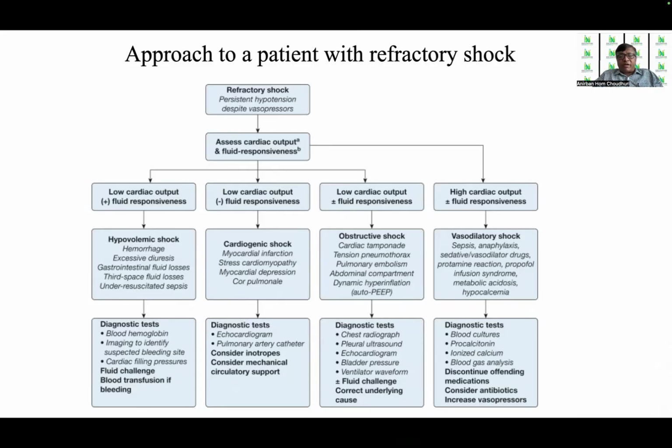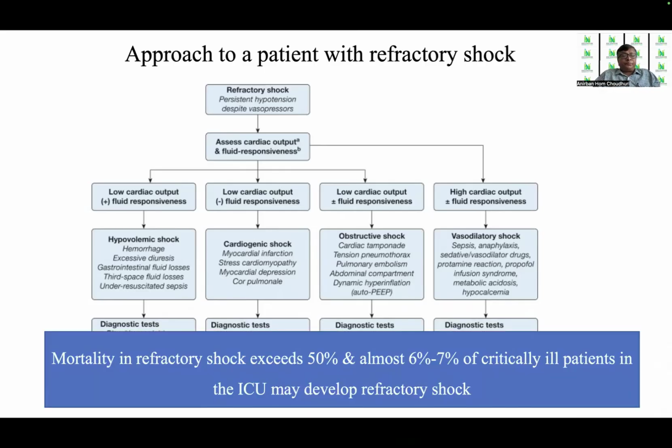Sepsis is the prototype of vasodilatory shock, but there are other causes too, like anaphylaxis, sedative or vasodilator drugs, protamine reaction, propofol infusion syndrome, etc. Then the condition has to be excluded based upon clinical exclusion, followed by the necessary diagnostic tests: blood cultures, procalcitonin, ionized calcium, blood gas, etc. This is followed by discontinuing the offending medications. And if it is septic shock, we have to consider appropriate antibiotics, increase vasopressors, etc.